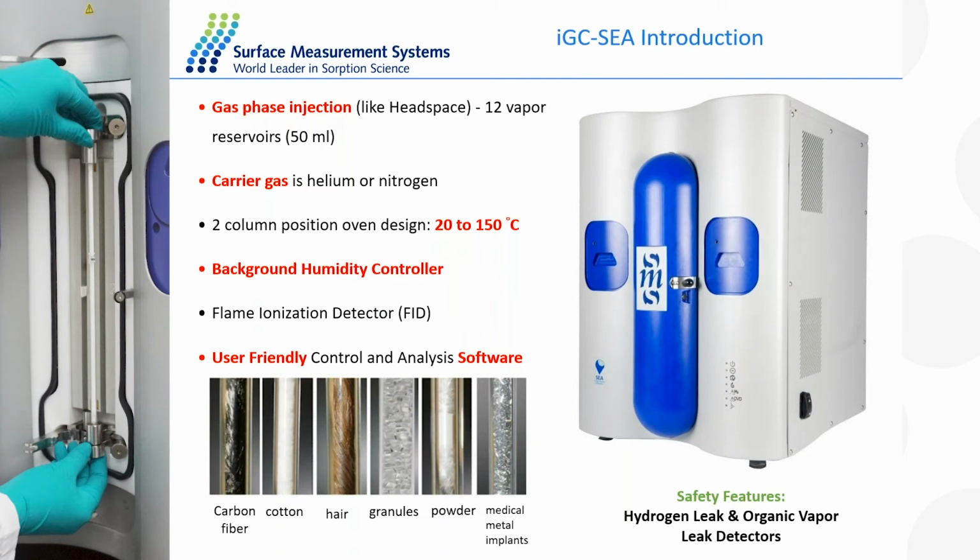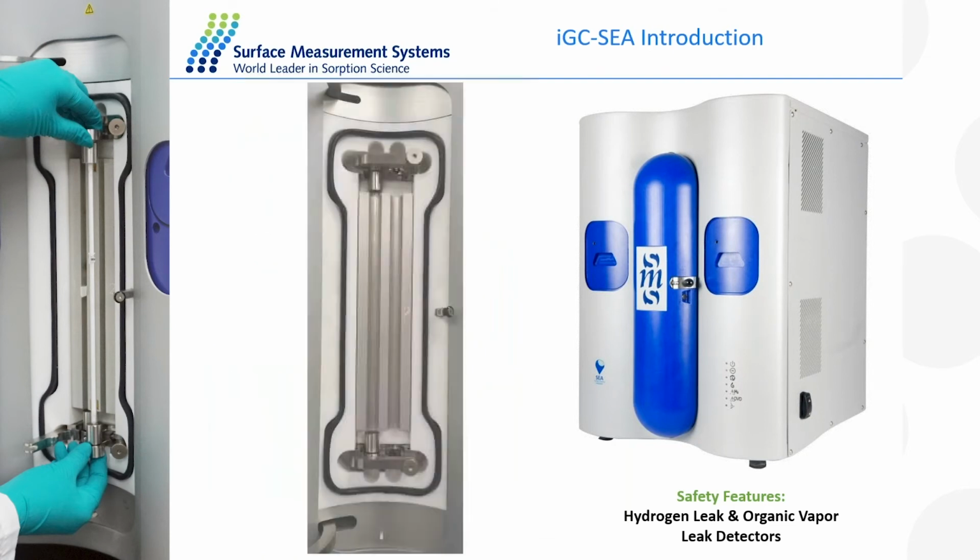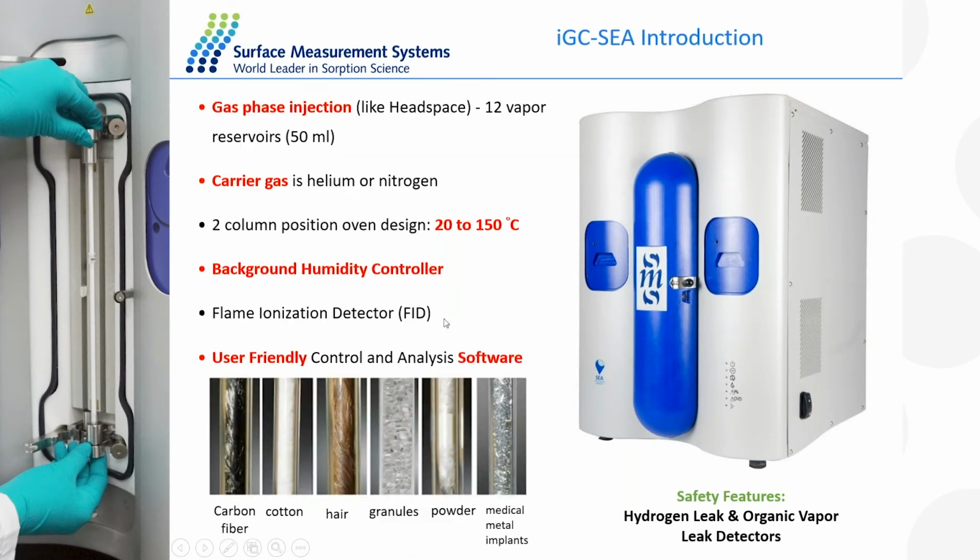Each system has a carrier gas of either helium or nitrogen. And in the middle, we have our columns. We have a 2-column oven system, so our packed column goes in position 1 and another one in position 2. It's surrounded by a column oven, and the column oven can go from 20 degrees to 150 degrees. In the system, you can also measure background humidity. In this case, one of the probes will have to be water.